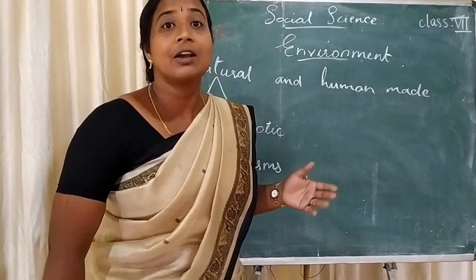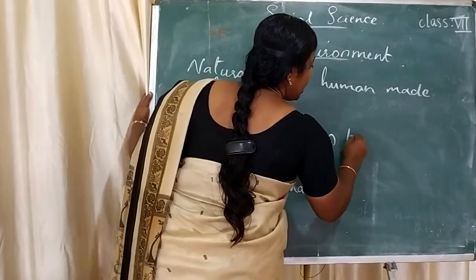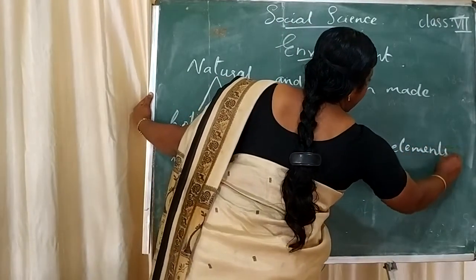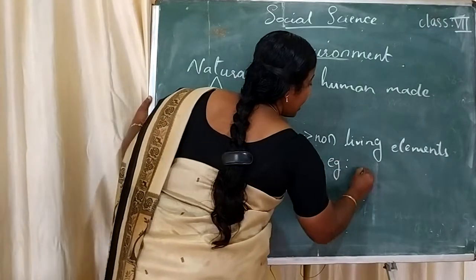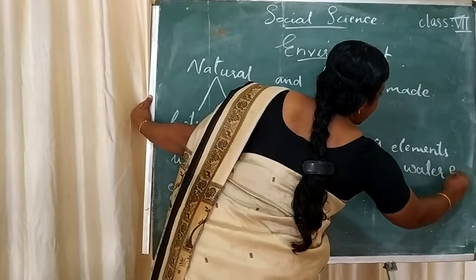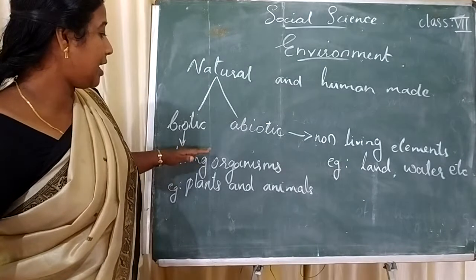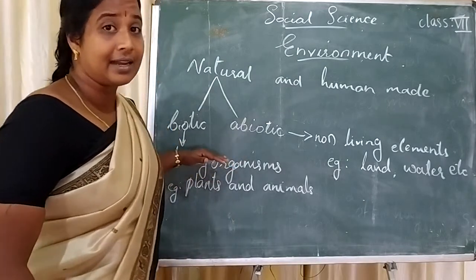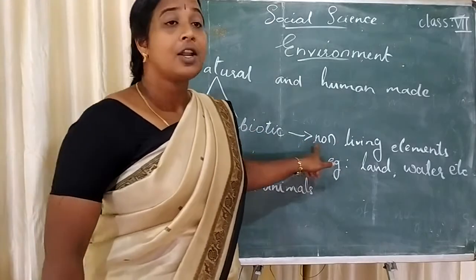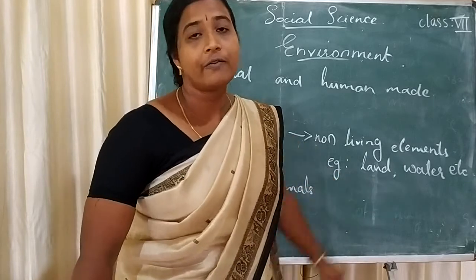Examples, land, water, etc. Okay, biotic conditions are living organisms like plants and animals. Abiotic conditions are non-living elements like land and water.